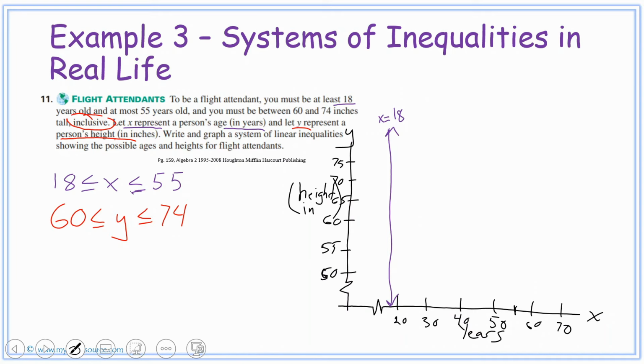And then at 55, that's about here I wrote. And there we go. I mean, you don't really need the arrows per se because you're stopping at 55. But it is technically an arrow there because a person could be 55 and 50 inches, 55 and 60 inches. So you want that to go as high as possible. And so we have our lines doing that.